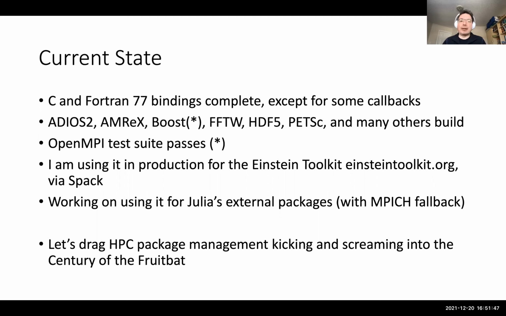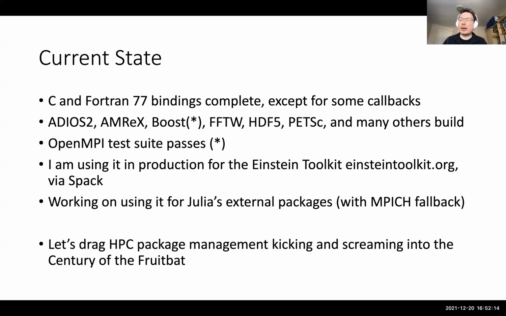So there would be a compile time error, and it's, I argue, their fault because they violate the MPI standard. The OpenMPI test suite passes, except for some things with initialization. I need to make a small change to the source code to initialize things correctly. And I'm using MPItrampoline in production, built via Spack for the Einstein Toolkit, and working on Julia.